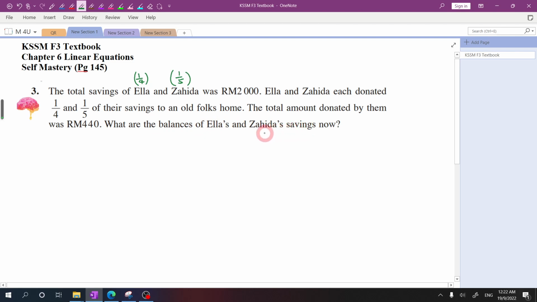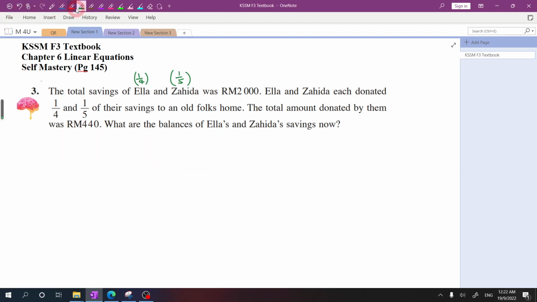So first we need to know their saving. Let Ella saving be RMX, and Jahida saving be RMY. But sometimes in the exam we don't have time to write so long, so it is okay to write this.